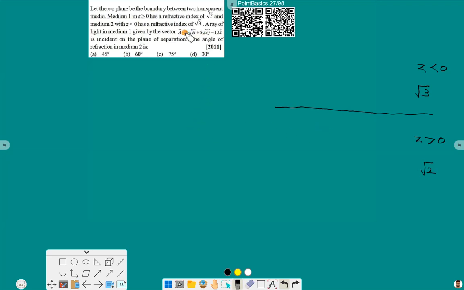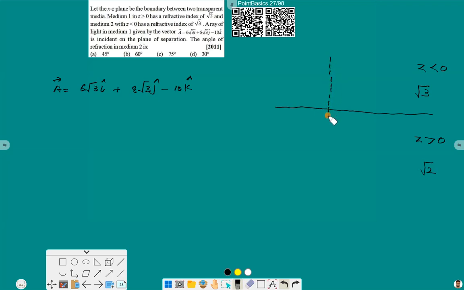Now coming to the light, the light is given by this vector. So A is equal to 6 root 3 i plus 8 root 3 j minus 10 k. So first of all, we have to find out its angle of incidence.